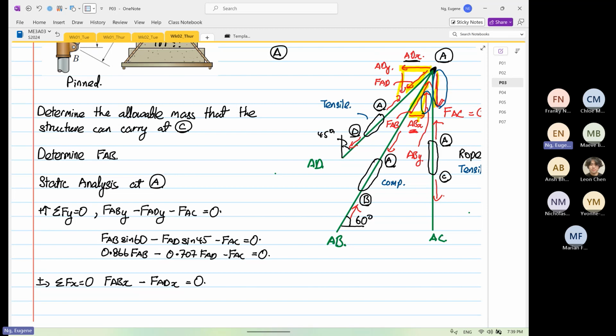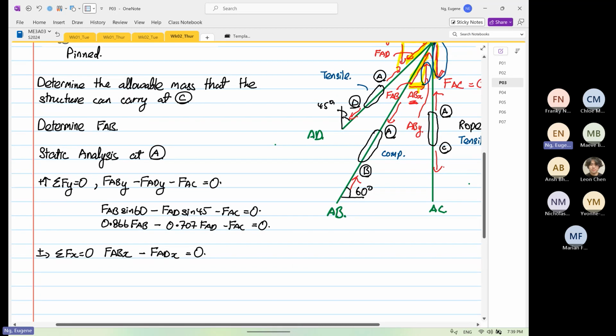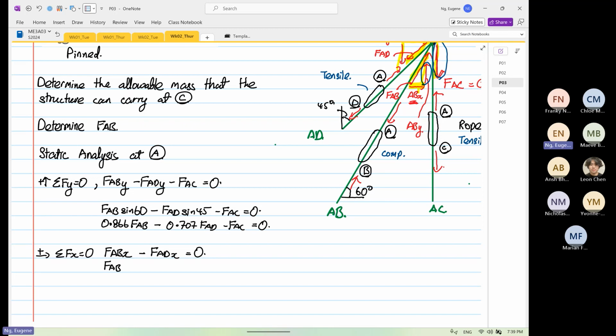The whole thing is equal to 0. So from here, we can write FABX will be FAB cos 60 minus FAD cos 45. The whole thing will be equal to 0. Cos 60 is equal to 0.5 FAB minus 0.707 FAD.